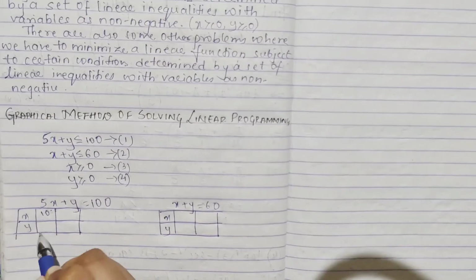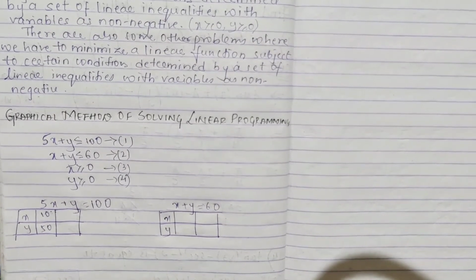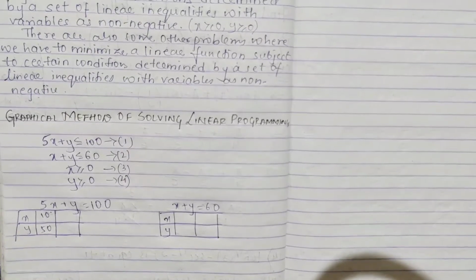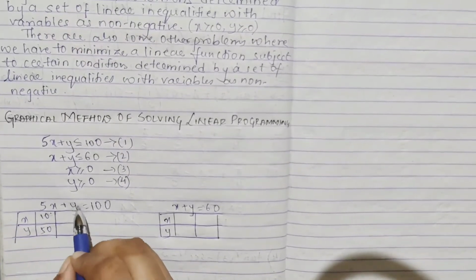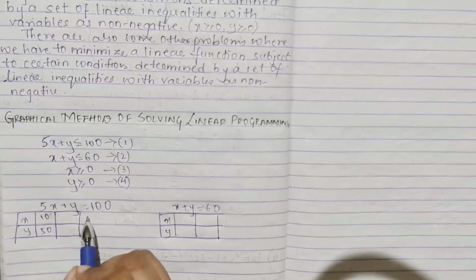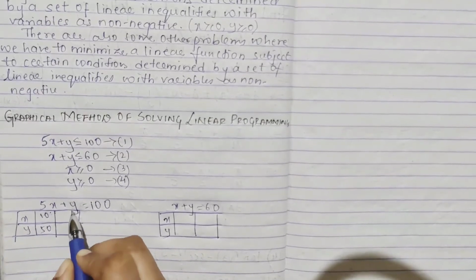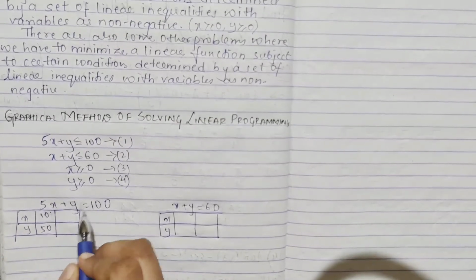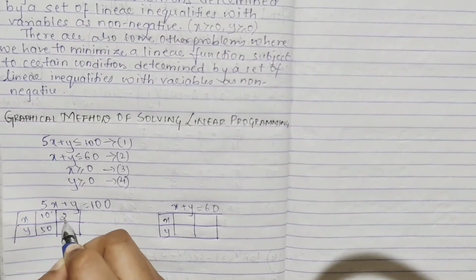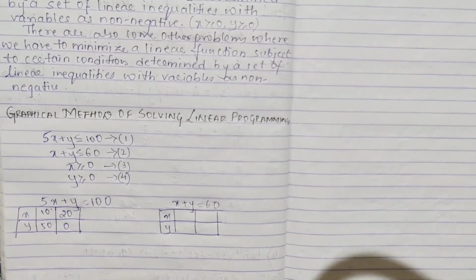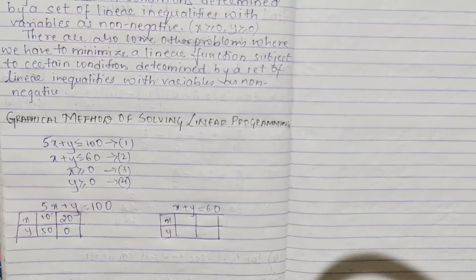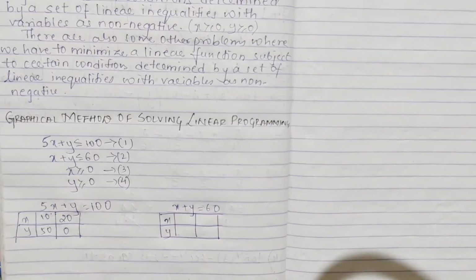When x is equal to 10, y is 50. Then when y is 0, x will be 20. You can take any points, it is left to you, right? Whenever you are doing a graph, you can take any points, it is left to you.